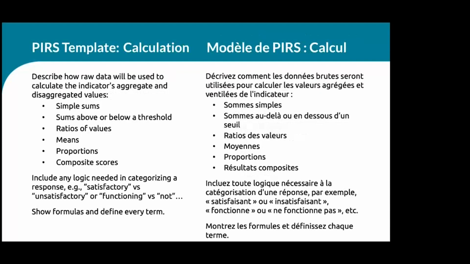And then the calculation, so how the actual raw data will be used to be calculated, whether that's through simple sums, sums above or below a threshold, a ratio, a mean, a proportion. And this is where formulas and definitions will be clarified as well.